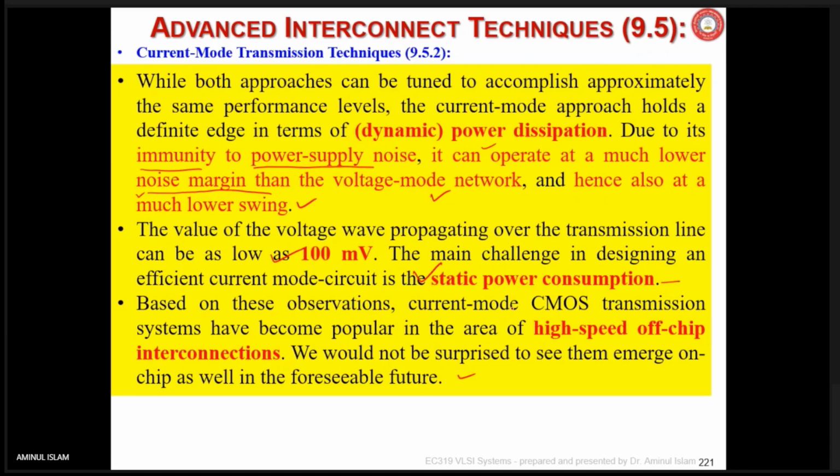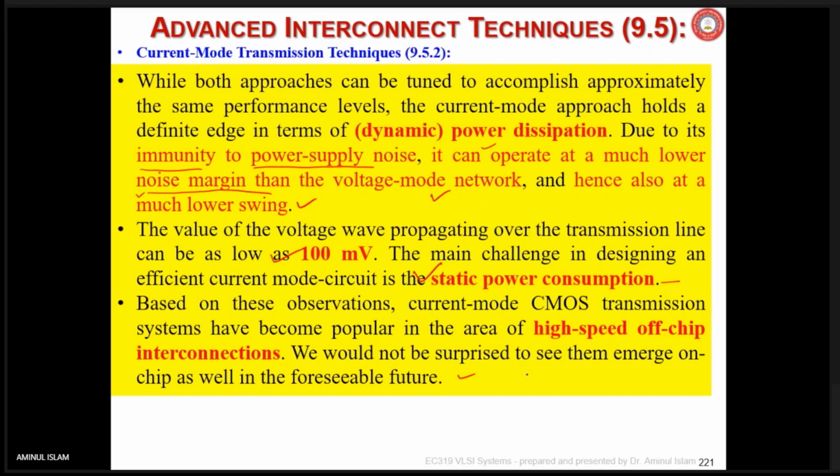Based on these observations, current mode CMOS transmission systems have become popular in the area of high-speed off-chip interconnections. Means one chip to another chip, you want to transmit signals, so that can be done with current mode instead of voltage mode, because that needs high speed of operation, because you have to drive higher load capacitance also.